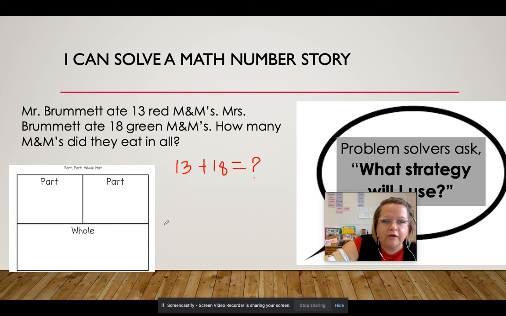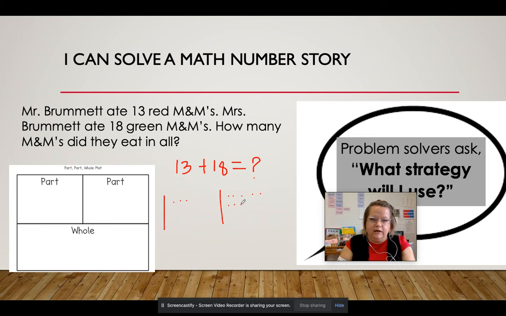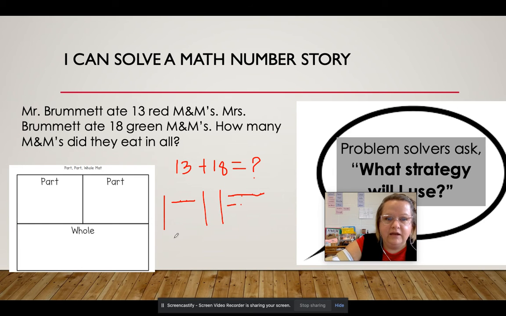So I'm going to draw 13, and I'm going to draw 18. Okay, so I'm going to add my ones. So I have 8, 9, 10, 11. So I'm going to cross them all out except for 1. I'm going to cross out 10 of them and add another 10. So now I have 10, 20, 30, 31.